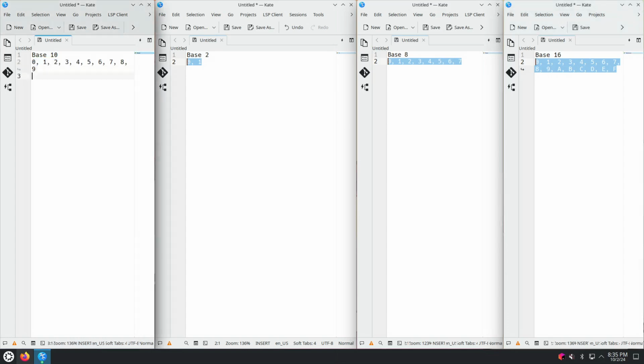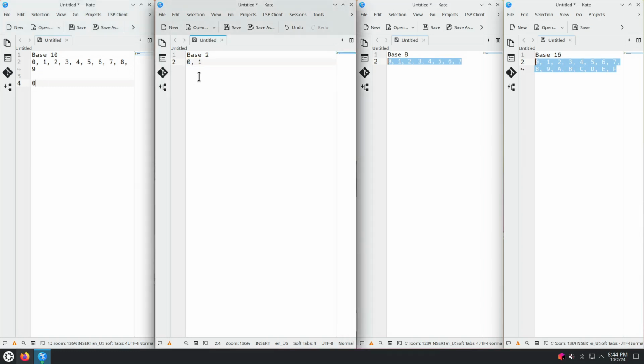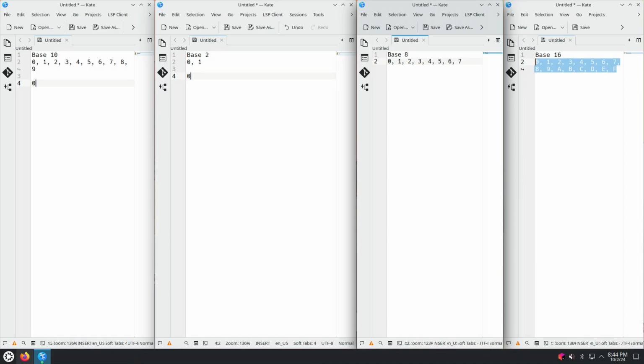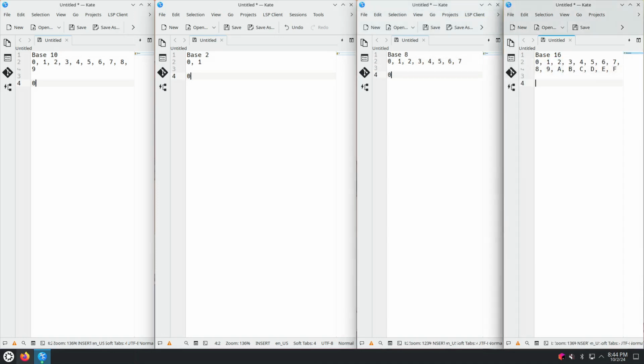So let's see the first example. The simplest number that we'll start with is 0, which is represented identically with the digit 0.